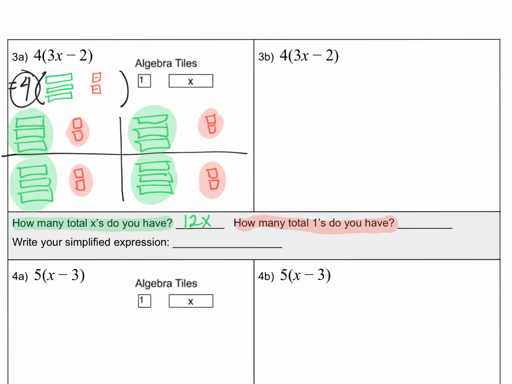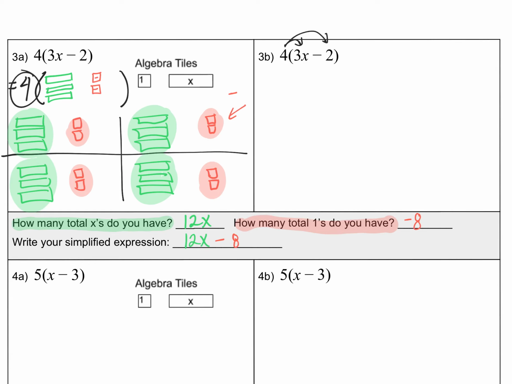That is a total of 8 ones pieces. But before I finish writing that, I need to recognize that these were negative pieces. So I don't have 8, I have negative 8. That means my simplified expression is 12x minus 8.